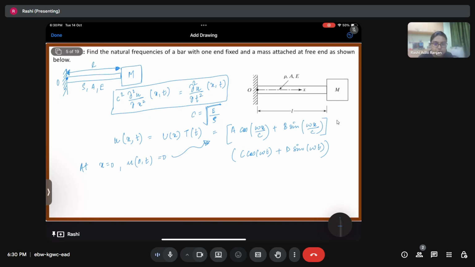Again, if you look closely, we'll put x as 0. So the second term, which is c cos omega t plus d sin omega t, is going to be like that only. We'll get just a multiplication of a into that term, and then we have to make it equal to 0. So what is it going to give us? It is going to give us a is equal to 0.